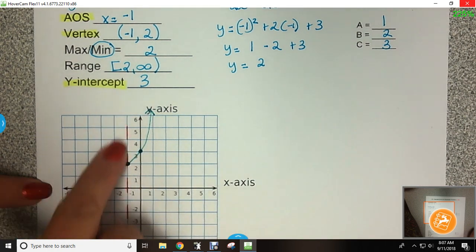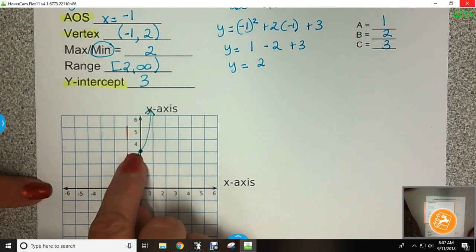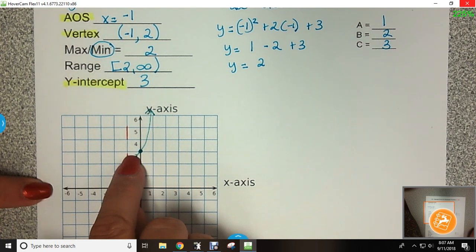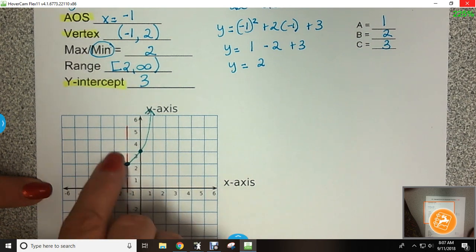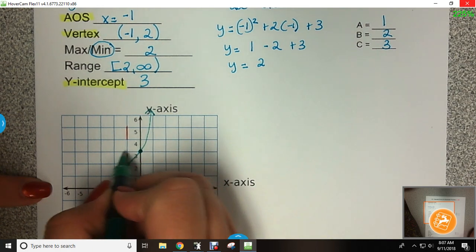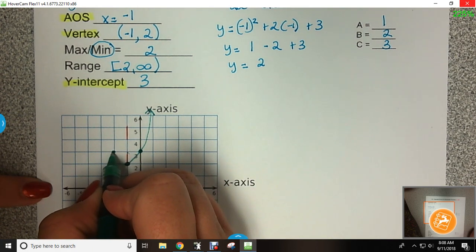Well, that's where this axis of symmetry comes into play. Right here, from my axis of symmetry to my y-intercept, that is only one space away. So what I want to do is pretend I'm folding this on the axis of symmetry and put a point on the other side that's the same distance away. So since I'm 1 away here, I want to go 1 in the other direction.